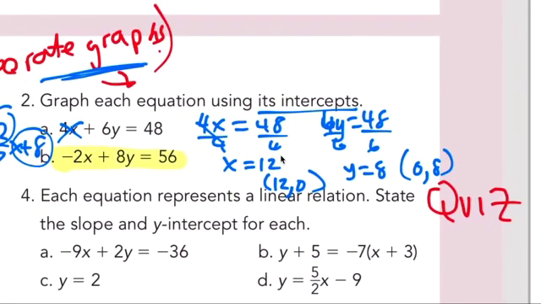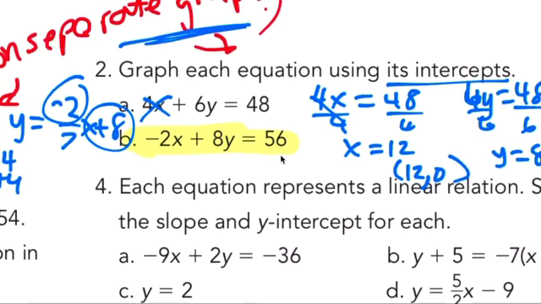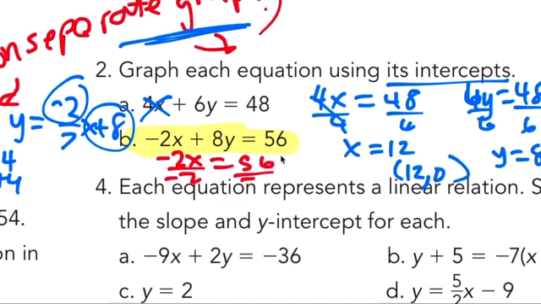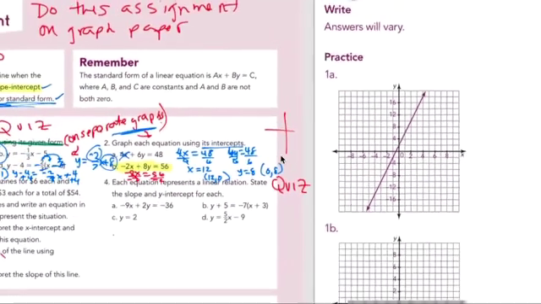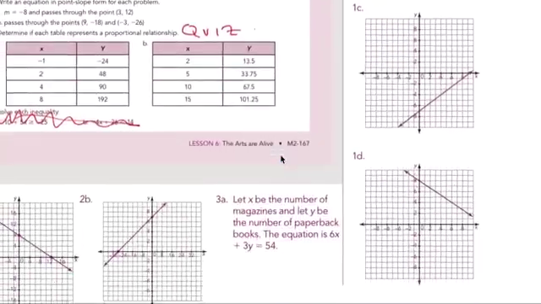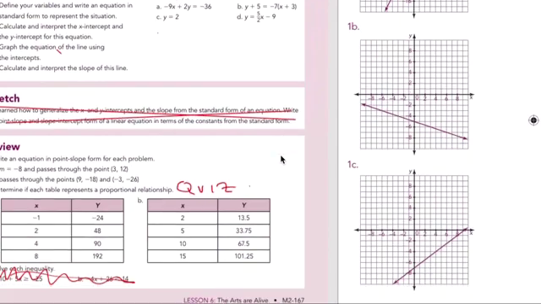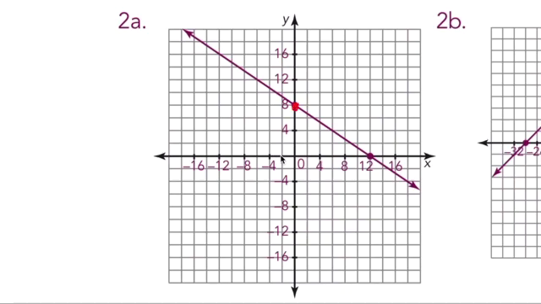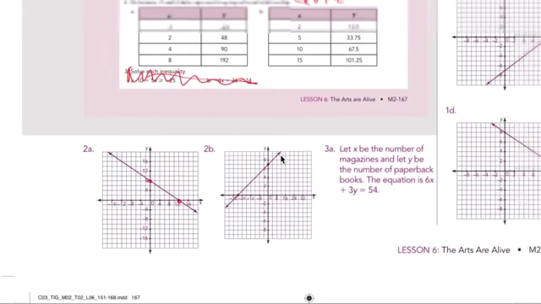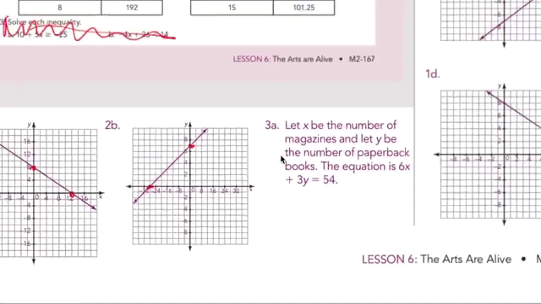Okay, and here, 56 divided by negative 2, x equals negative 28, right? And you do y. And then you graph it on your graph paper. So 2 should look something like, here's 1a, 1b, 1c, d. Here's 2a using the intercept, and then 2b using the intercept, but I need to see the work.